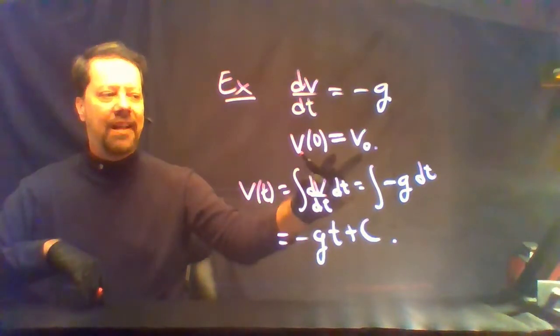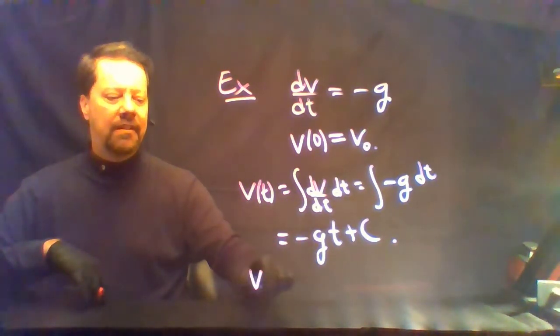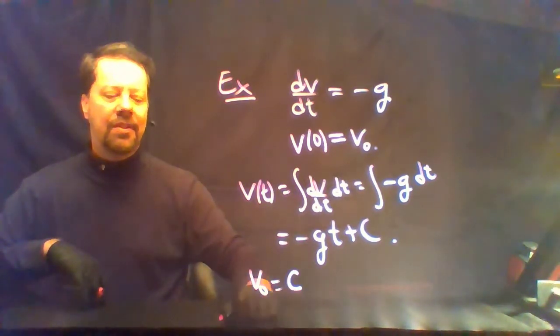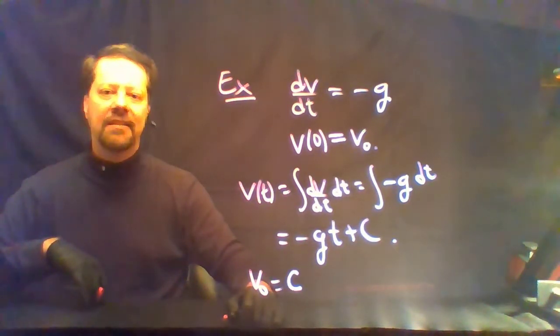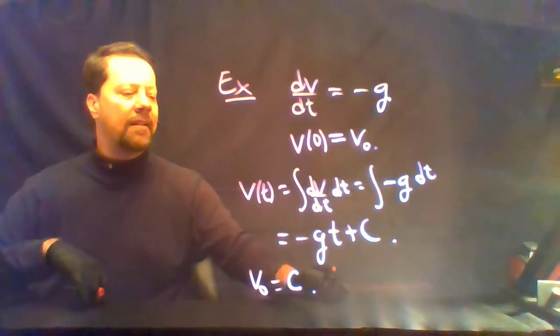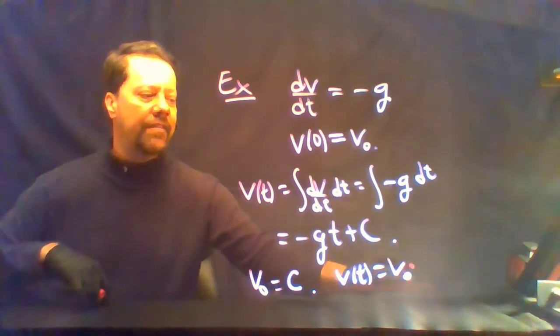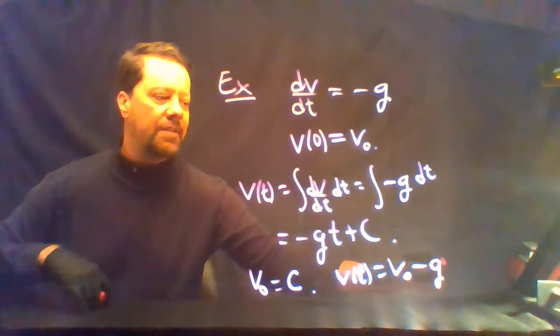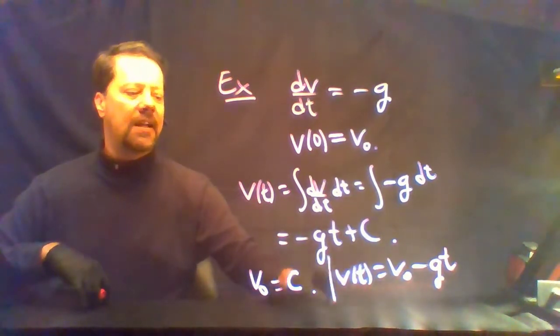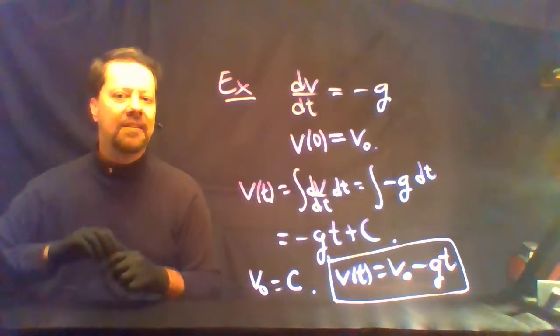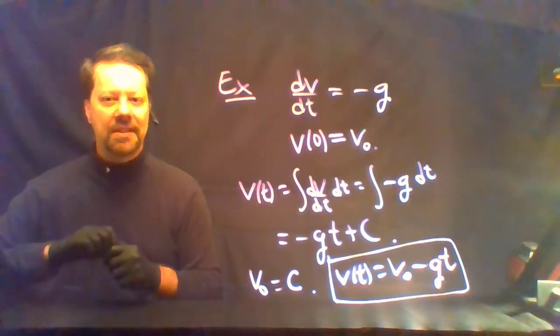Now we take advantage of this initial condition. v0 is what you get when you plug in t equals 0. So the constant of integration is in fact the initial velocity. That tells us the velocity as a function of time is the initial velocity minus the acceleration due to gravity times time. You might remember this formula from your courses in physics.